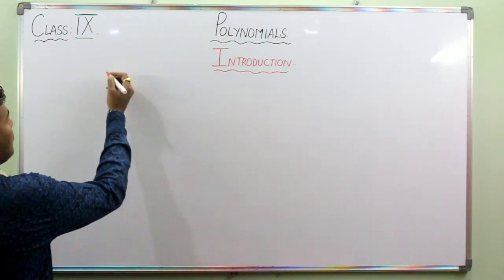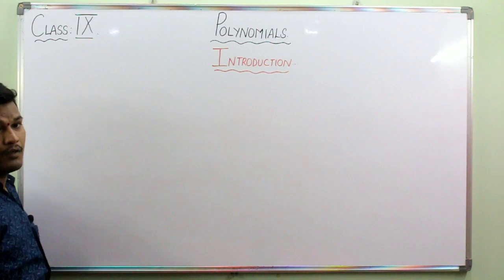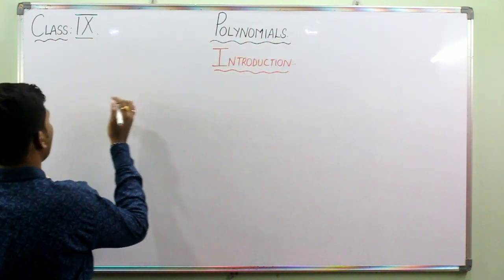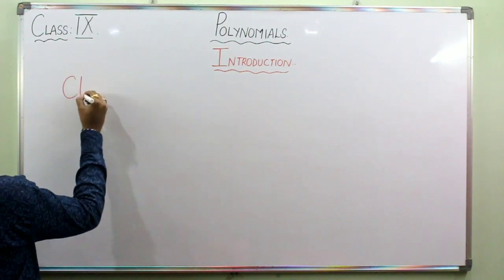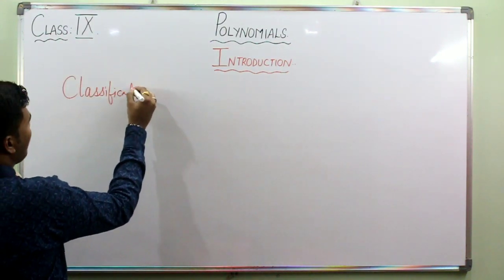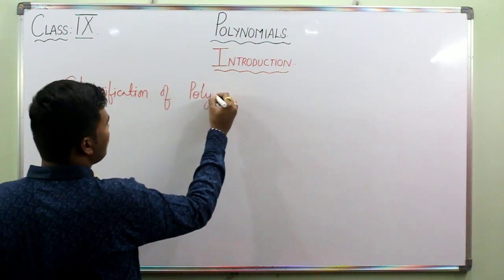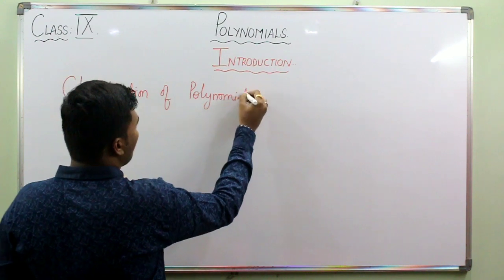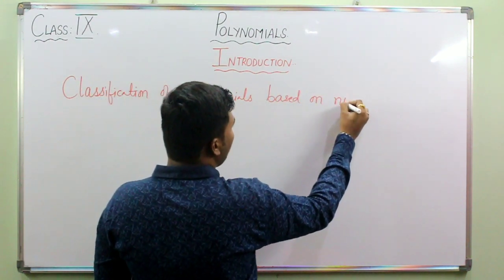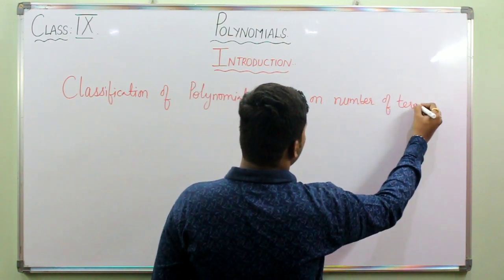Now let us see polynomials. Polynomial is nothing but poly means many, nomials means terms. So it is a combination of different terms. Let us classify them. Classification of polynomials based on number of terms.